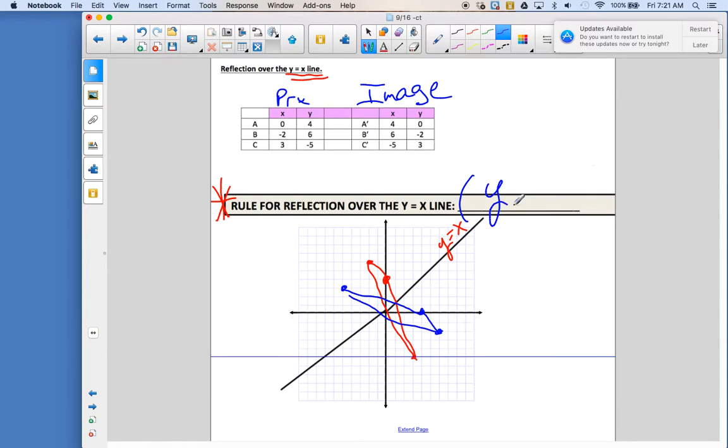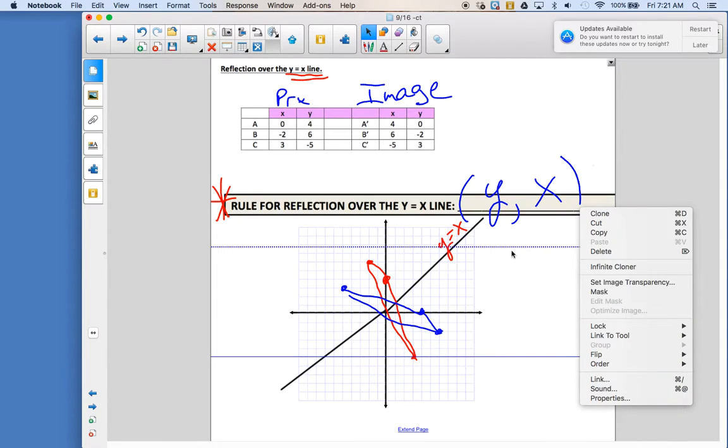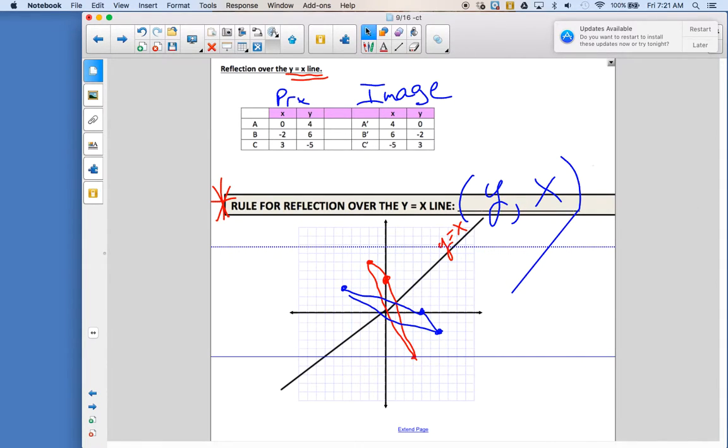That's right. All it's doing is flipping. The y becomes the x, and the x becomes the y. So we want to say our rule is y, x. That's what that means. So if we fold on this line of reflection, y equals x, we just need to remember this rule, switch the coordinates, and you'll have the answer. We don't even need the picture.